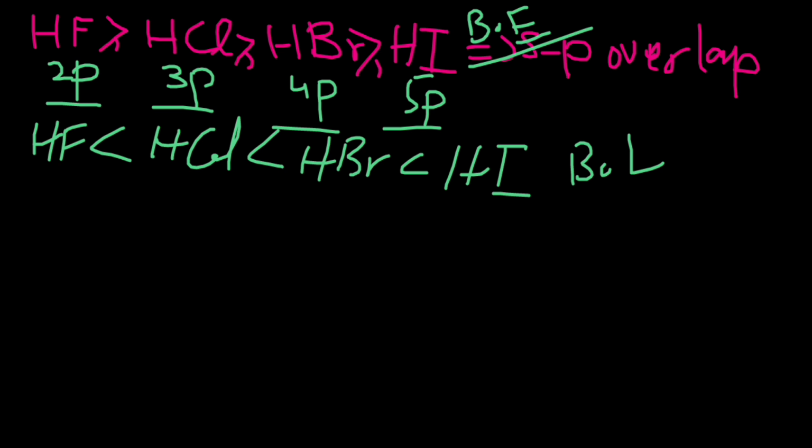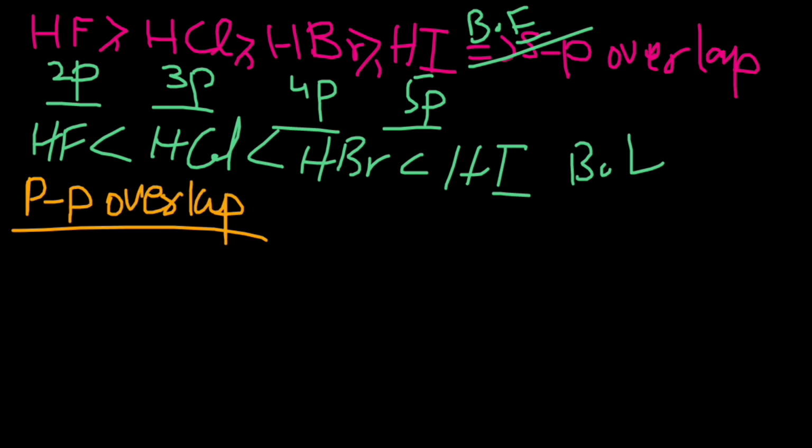Due to the greater attraction by the nuclei and the greatest electronegativity of fluorine, the bond energy of HF is the highest, and iodine being the least electronegative atom and its 5p orbital being farthest from the nucleus has the lowest bond energy. Moreover, HF has the highest bond energy, so its bond length is the lowest, while HI has the highest bond length.